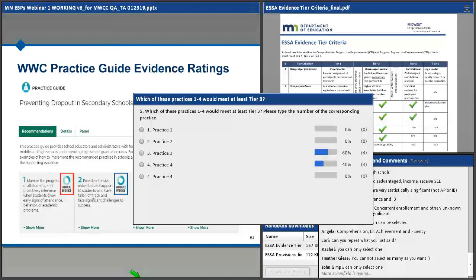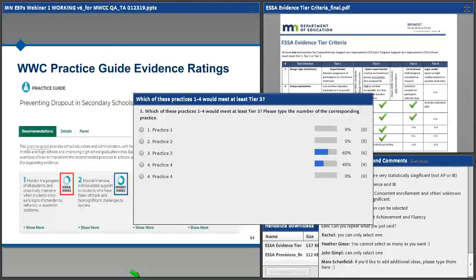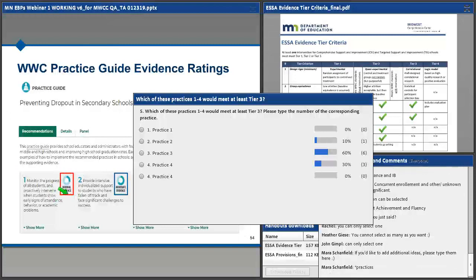But some of the original answers to the poll are indeed correct. Again, all you need is to demonstrate moderate or strong evidence to meet the criteria for Tier 3. We see that this leftmost practice here is the only one of these practices that would not meet Tier 3 under ESSA, and that these other 3 practices would.